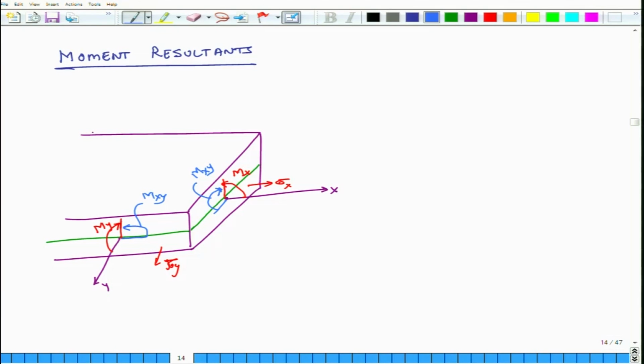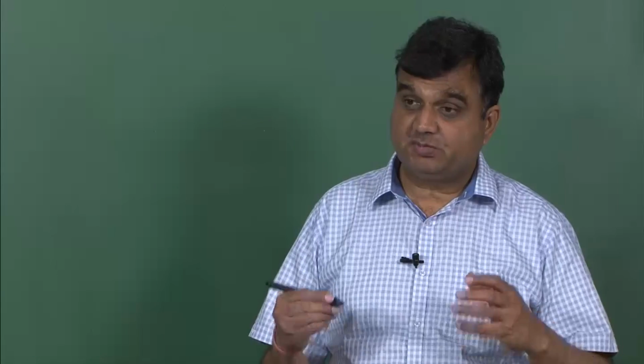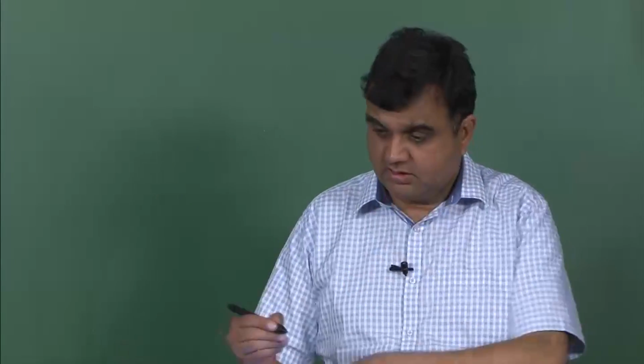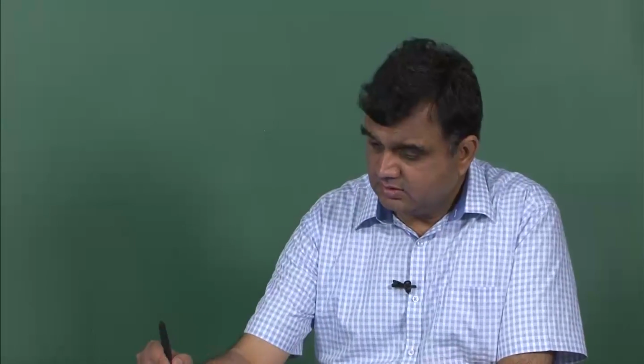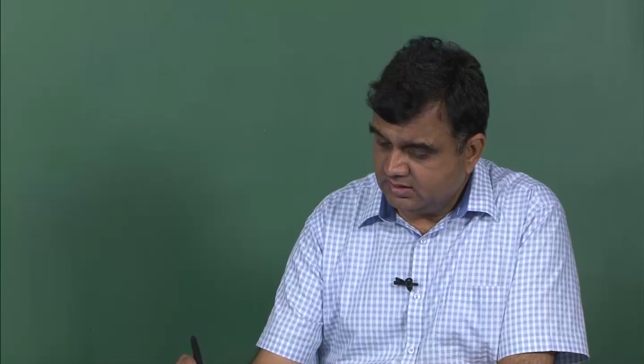And how do we calculate the values of these, mx, my, mxy? Again, these are not moments, these are moments per unit length. So, what is moment per unit length?